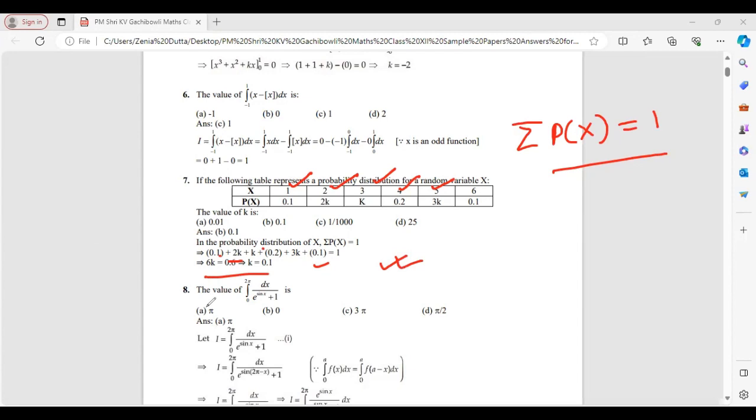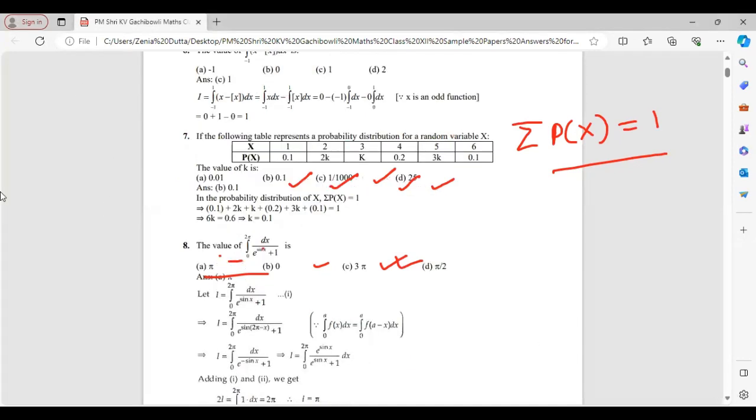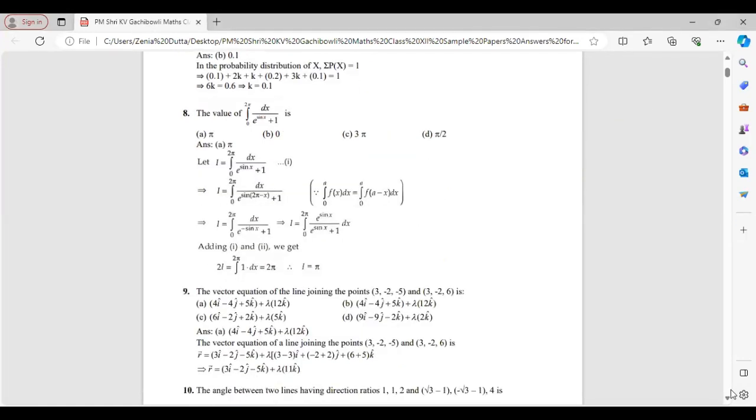Then question 8, the integral from 0 to 2 pi of dx by (e to the power sine x plus 1). So here we will be using f of (a minus x) so that we can simplify it. So if I put 2 pi minus x, we get minus sine x.